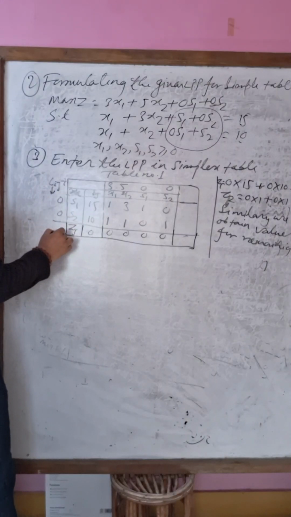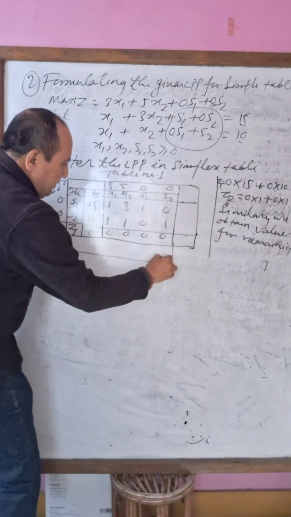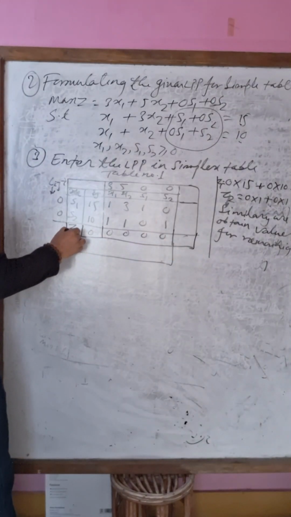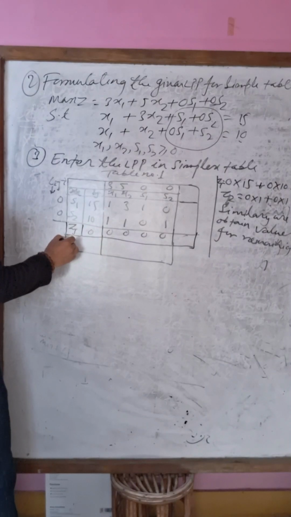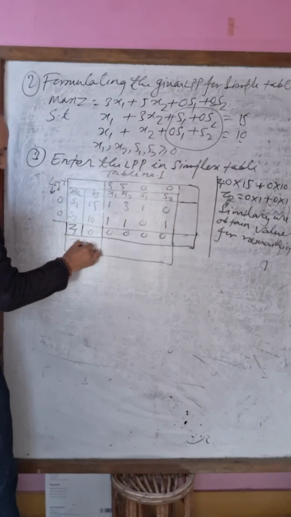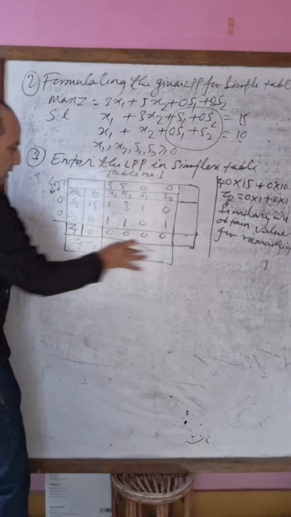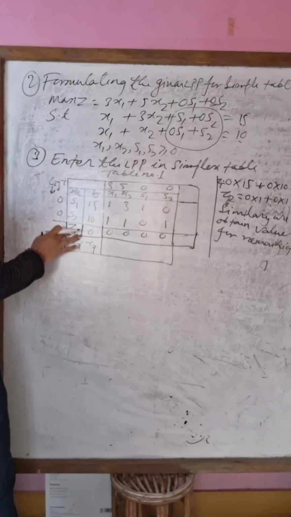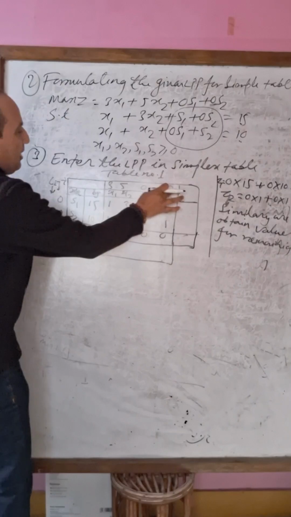After the calculation of Zj, you form the next row, Zj minus Cj, and calculate its values. These values are the Zj, and these values are the Cj.